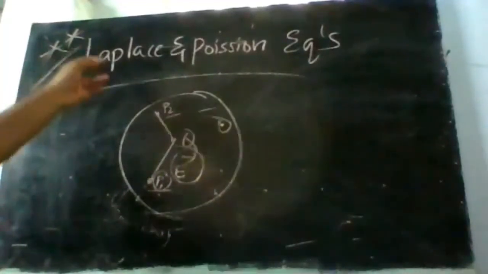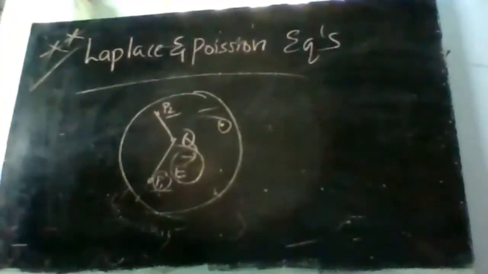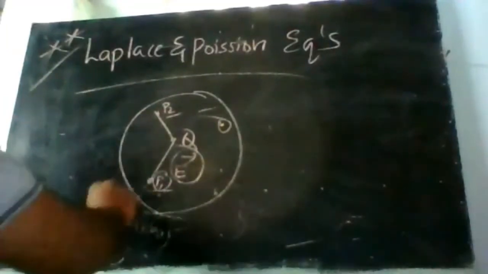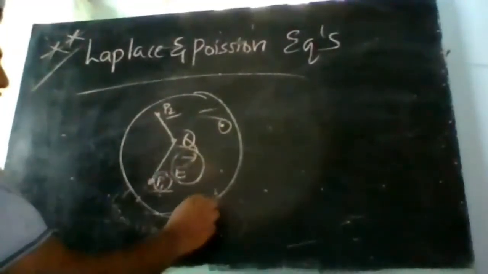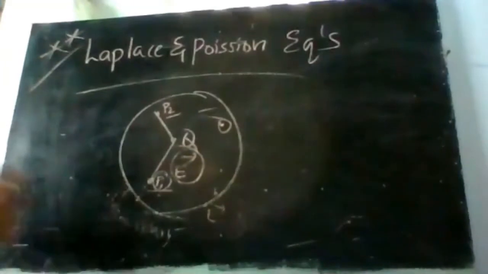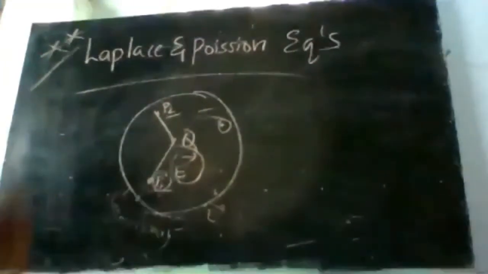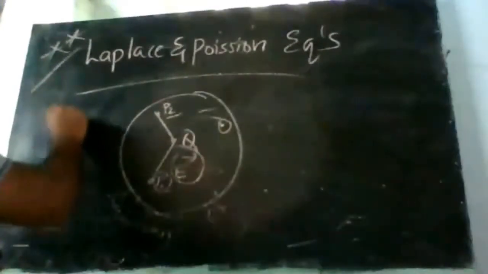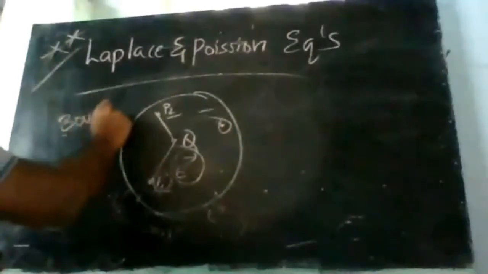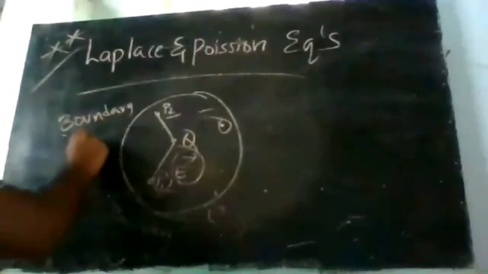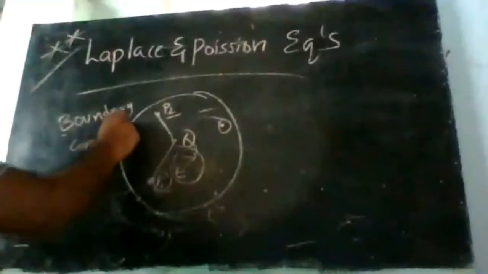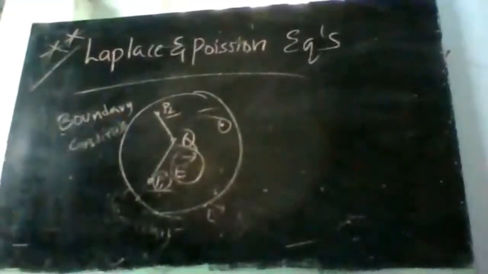The given value of E bar is taken as the boundary value, and we calculate the new value of E bar. That's why these are called boundary value problems, boundary value conditions, or boundary value equations.